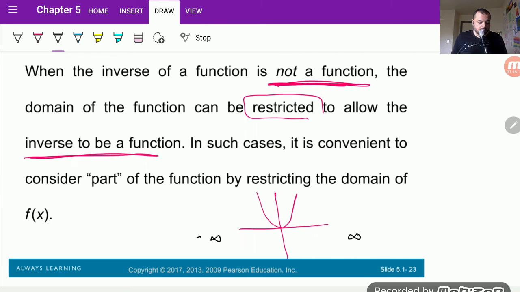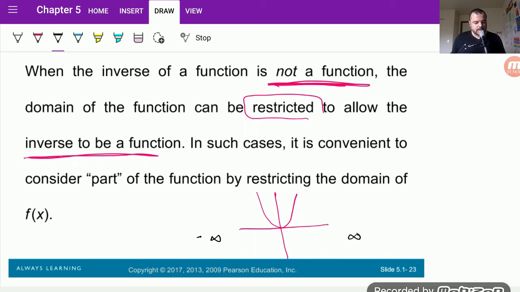Correct? So how to deal with this function? Because this function is not one-to-one, the inverse of this function is not a function at all. If I'm thinking to have an inverse function of this function, I cannot.